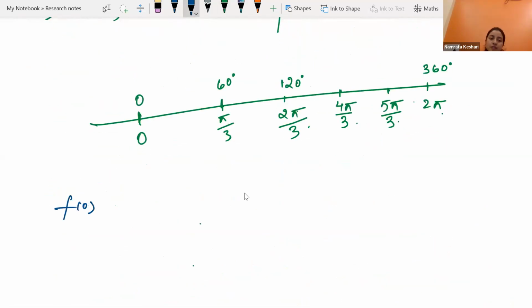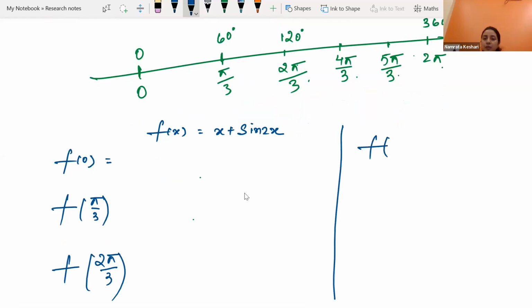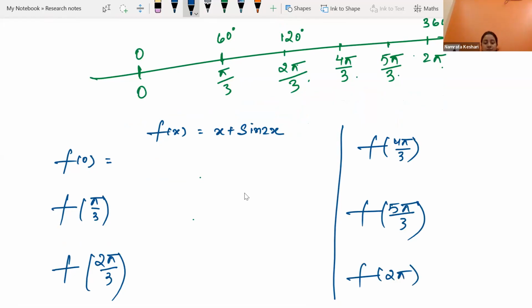f of 0, please find it, Fatima. The function f of x I am writing over here, it was x plus sine 2x. We also have to find f of pi/3, f of 2 pi/3, f of 4 pi/3, f of 5 pi/3, and f of 2 pi. f of 0 will be 0.